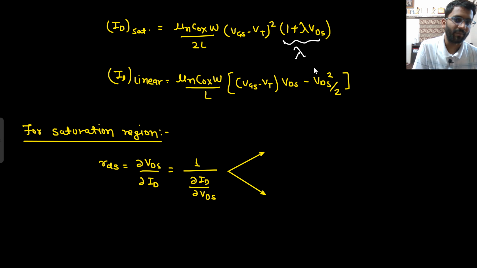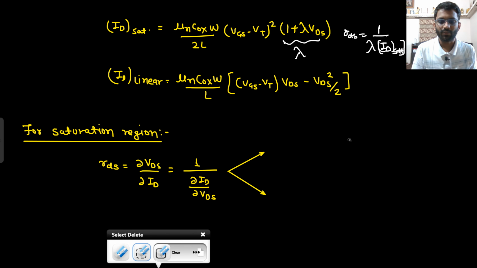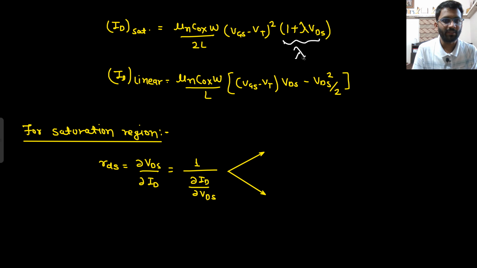Only lambda will remain. Are you able to understand? So what will be your expression? Your expression of RDS would be 1 upon lambda ID saturation. This we have already derived when we were studying MOS physics. You can check out there. A very simple derivation is there.